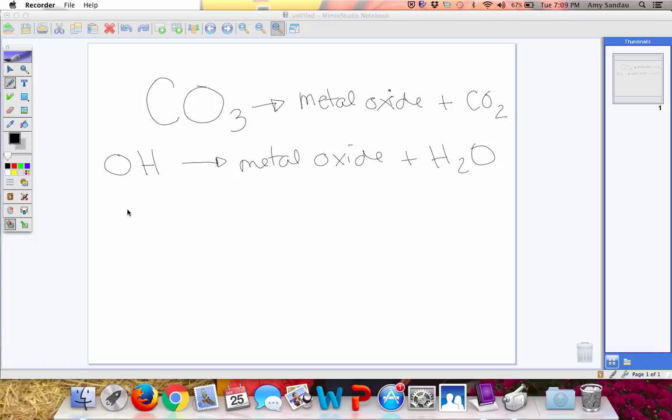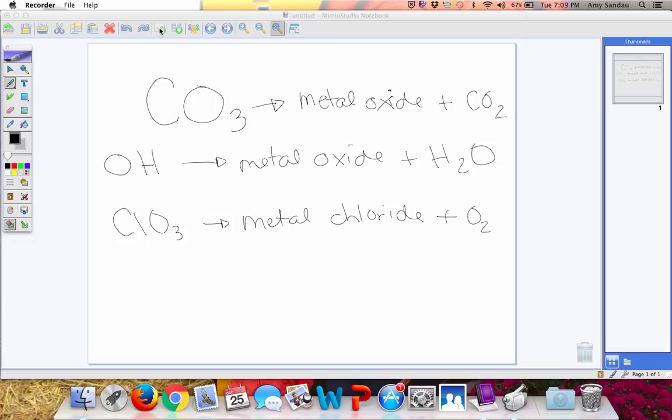And last, if you have a metal with a chlorate, ClO3, that's going to decompose into a metal chloride plus oxygen gas. So these are the ones that you're going to have to memorize.